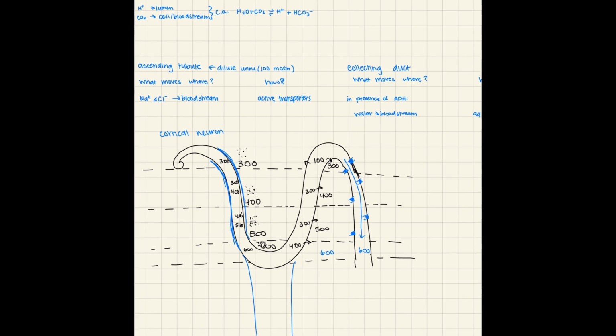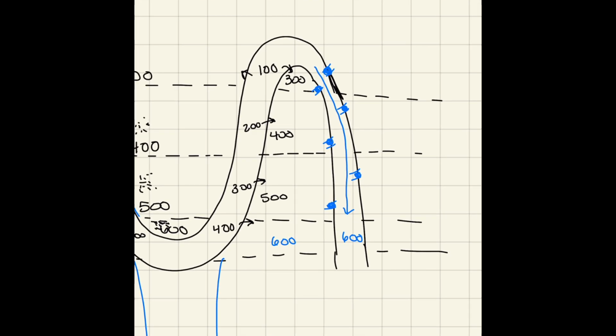And with ADH, we insert, hold on, I gotta make sure that I'm actually explaining everything. Yeah, we insert aquaporins, right? And with more ADH, we can insert more aquaporins. And I'm assuming that the way that we get urine of different concentrations is we insert aquaporins further down, right? So the ones down here would be inserted with more ADH.